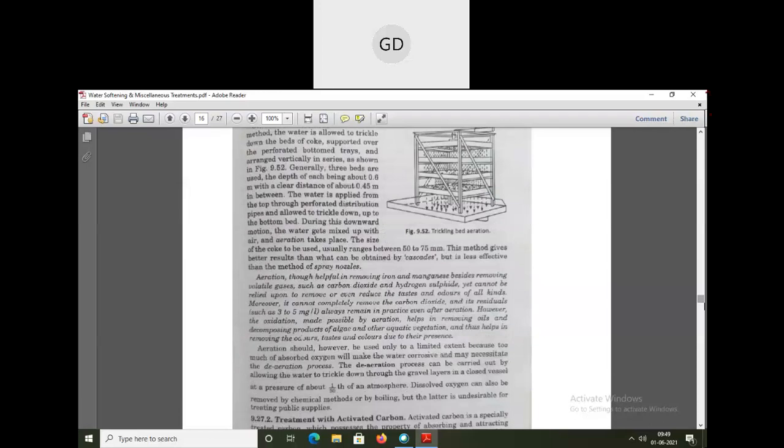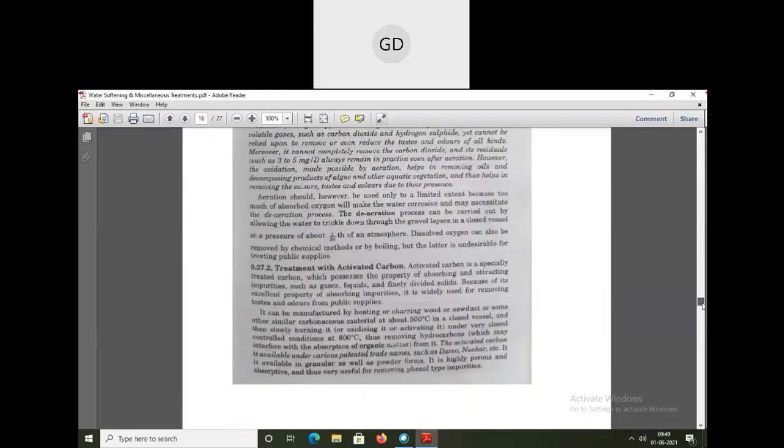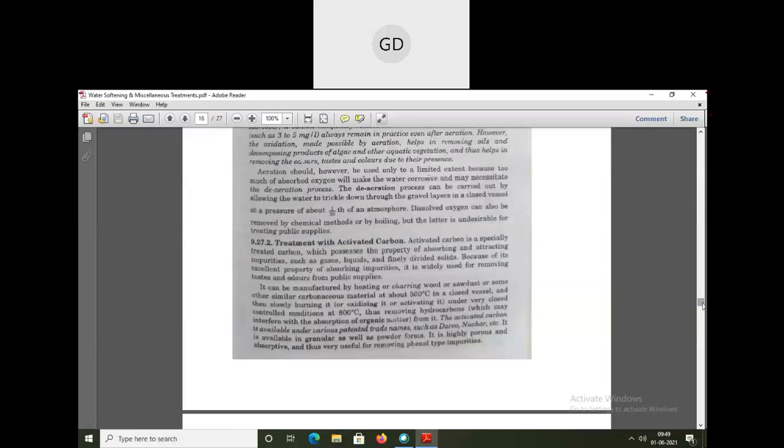Then we also have treatment with activated carbon. What is that? Activated carbon is a type of specially treated carbon, which has a property of absorbing and attracting impurities.